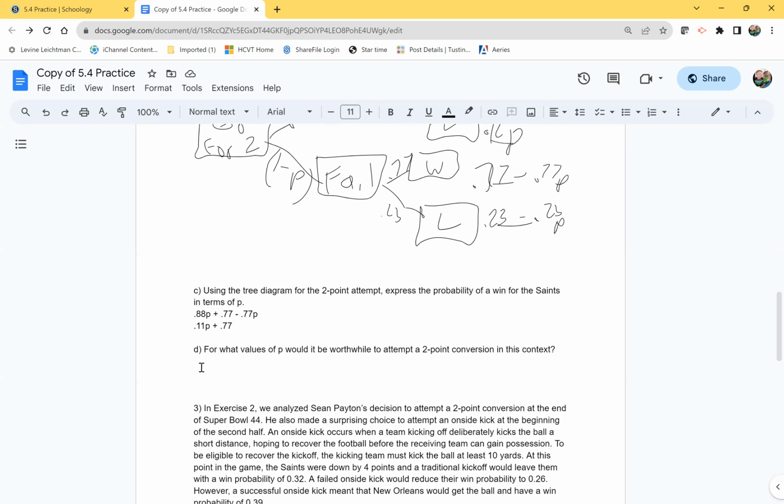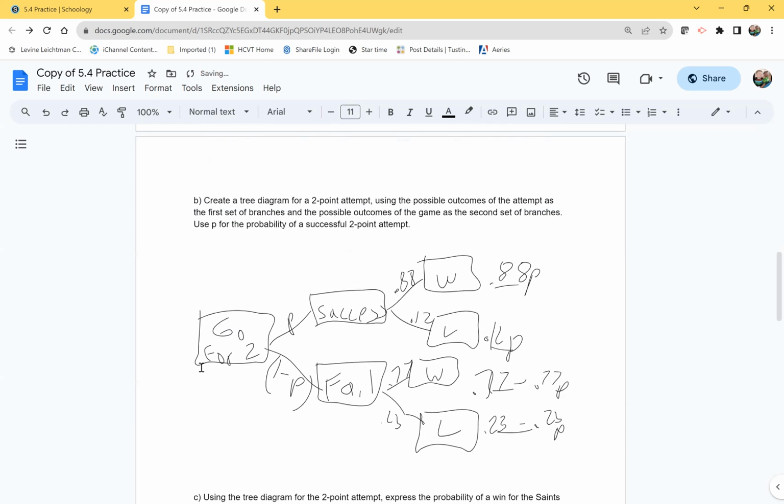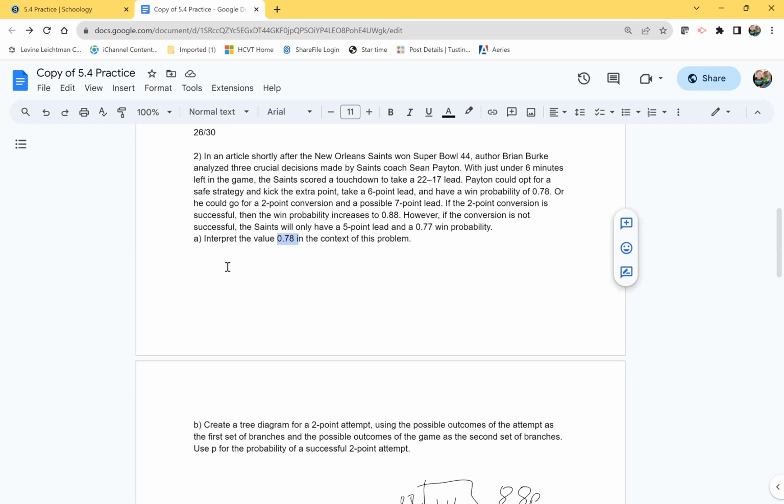Okay, next up, for what values of p would it be worthwhile to go for 2 to attempt the 2-point conversion? So we're going to take our answer from part C, 0.11p plus 0.77. And then we're always going to want that to be greater than something. And it's going to be greater than our answer to part A, which is the 0.78 up here that we said we didn't use. Oh, I deleted that.